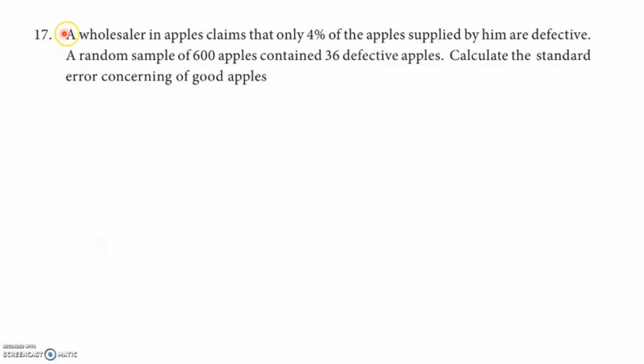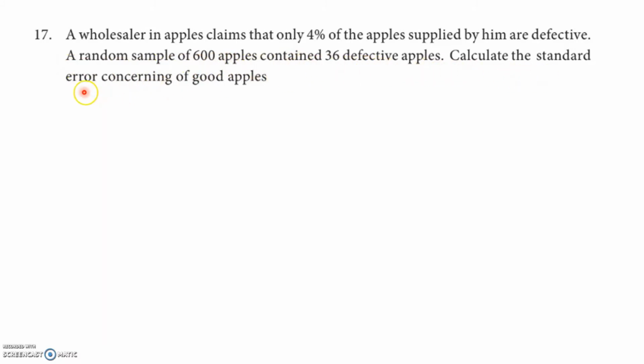Okay, in this problem, a wholesaler of apples claims that only 4% of the apples supplied by him are defective. So this is the claim about the population. A random sample of 600 apples contained 36 defective apples.